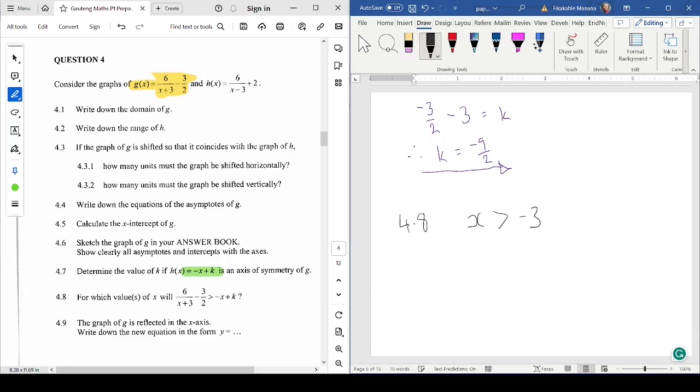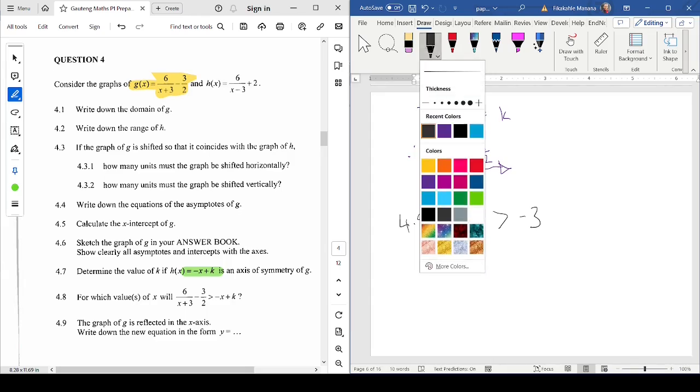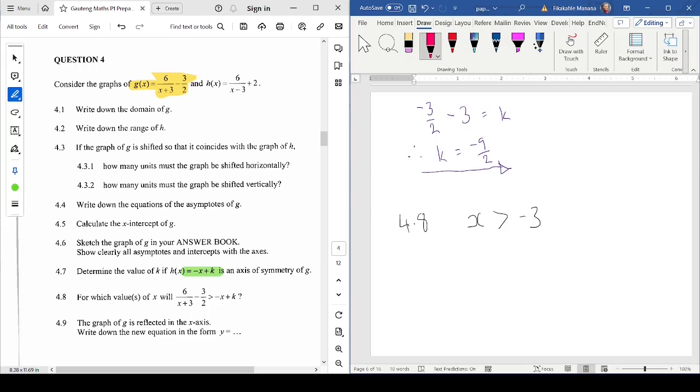Okay, let's now look at the final question, which is 4.9, and it says the graph of g is reflected in the x-axis. Write down the equation in the form y.